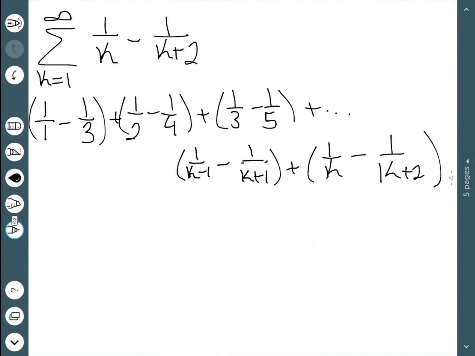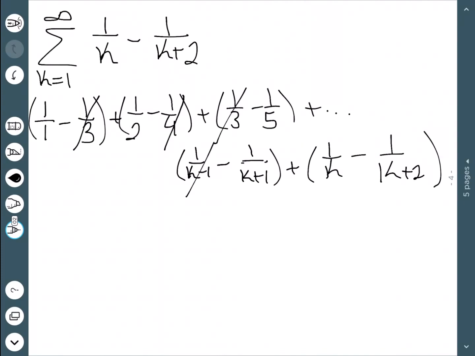The reason I did that is because you'll notice this 1/3 cancels with a 1/3 that's 2 parentheses away. Oh, sorry. That 1/2 actually doesn't cancel. This 1/4 is going to cancel with this term.